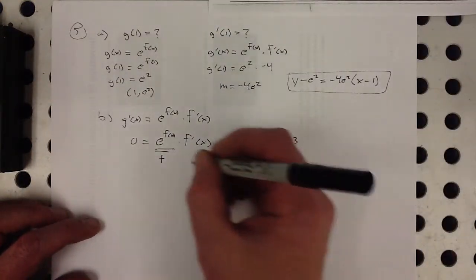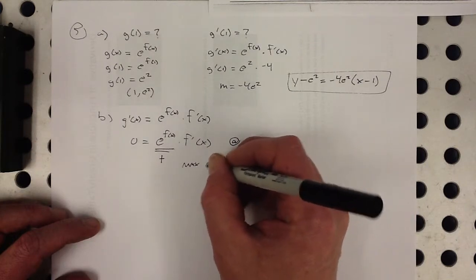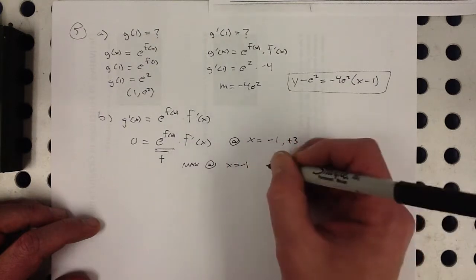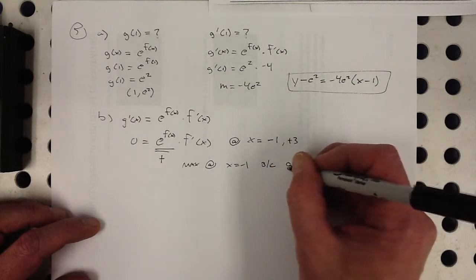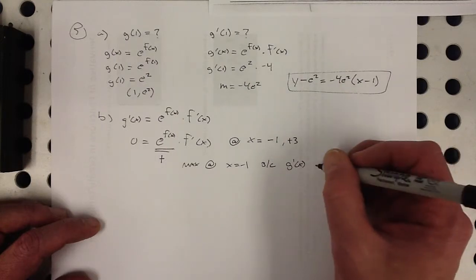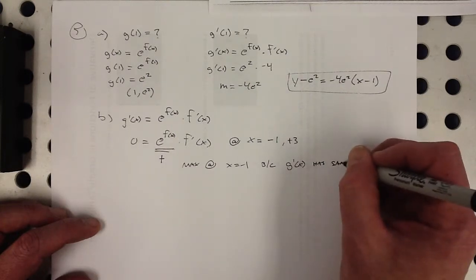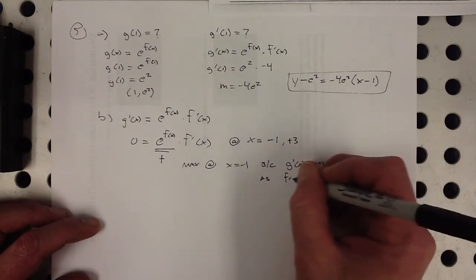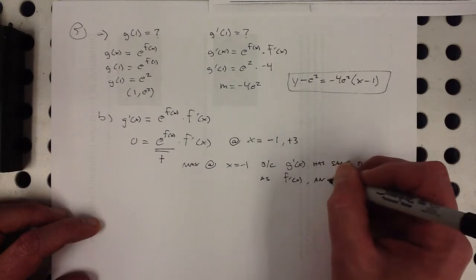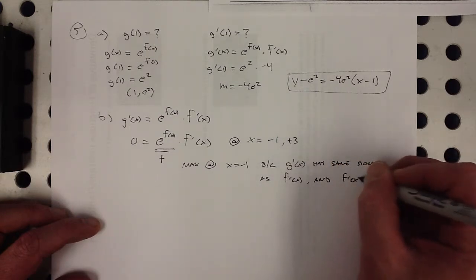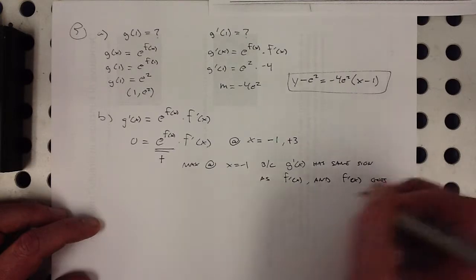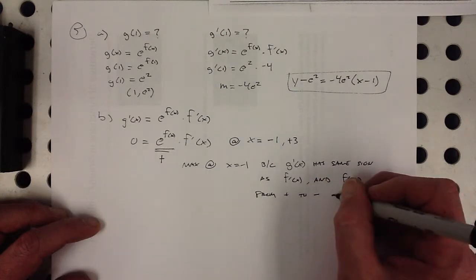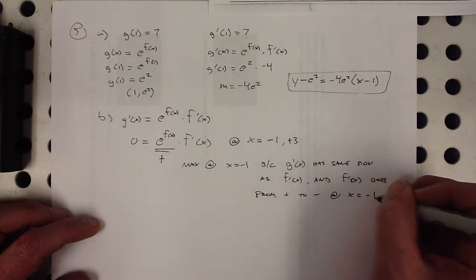So, max at x equals -1 because g prime of x has the same sign as f prime of x, and f prime of x goes from positive to negative at x equals -1.